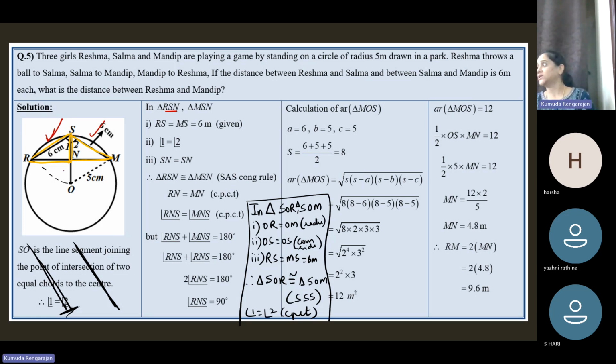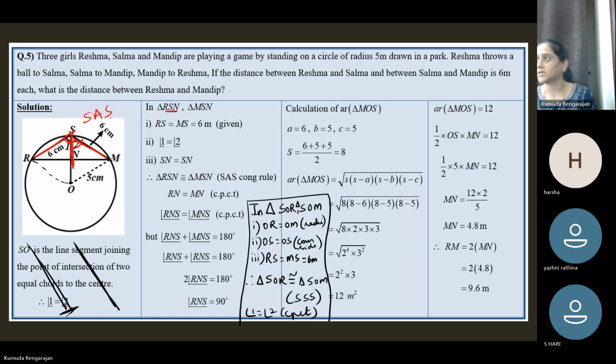Angle 1 is equal to angle 2, proved, and SN is equal to SN. So it is two sides and included angle. Here, this side, angle 1, this side, and angle 2.